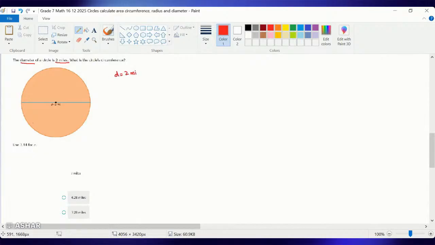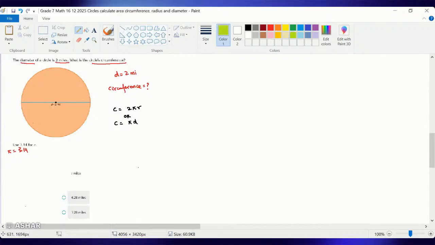Okay. We use the value of pi to be 3.14. We need to find the circumference. We know that circumference was 2 pi r, or circumference was pi multiplied by d.